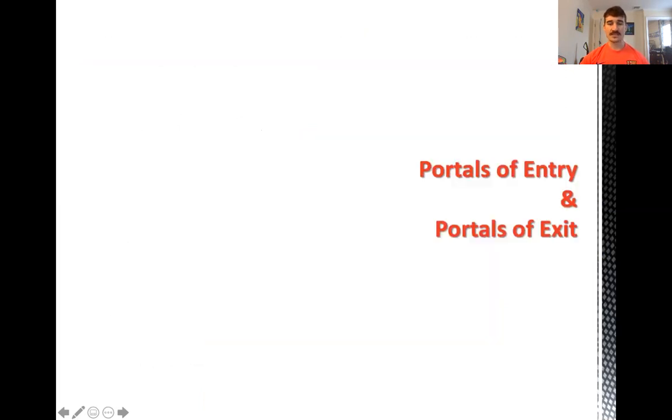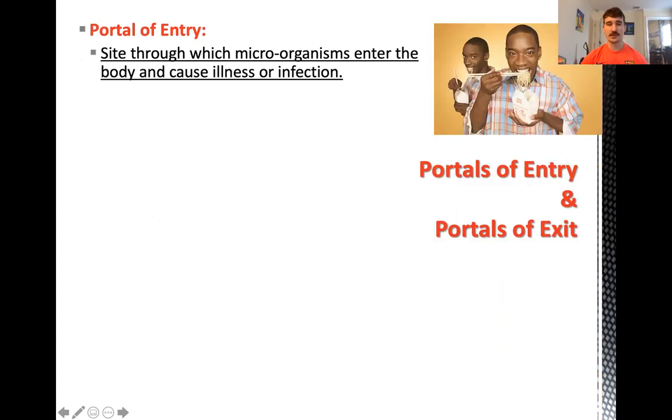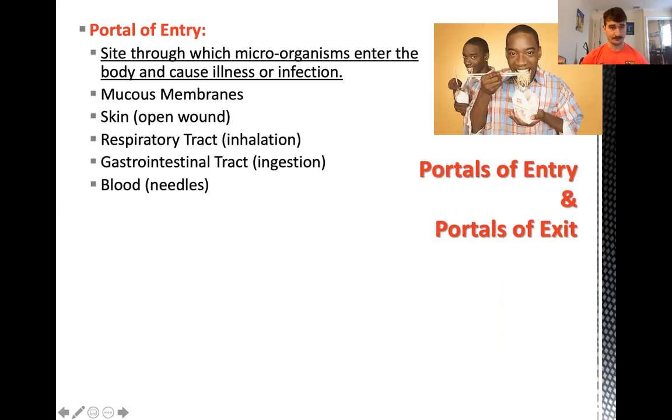All right, so with that being said, this goes back to the portals of entry and portals of exit. A portal of entry is a site where microorganisms, those germs, can pass into the body and cause an illness. It's usually an open wound, inhalation through the respiratory tract, ingestion, sharing of needles, or mucous membranes, like cough droplets.